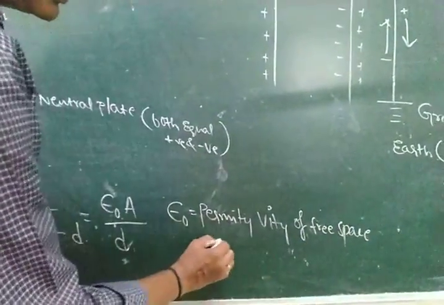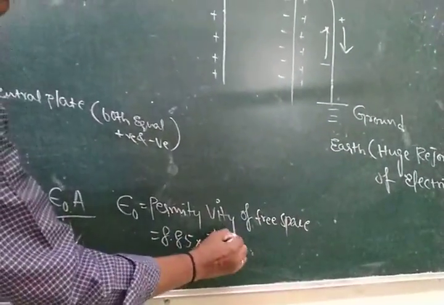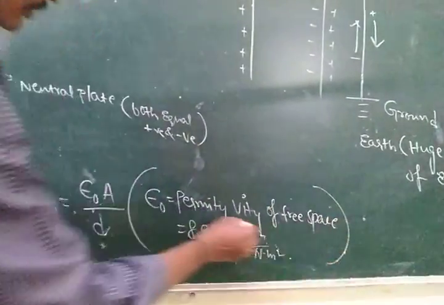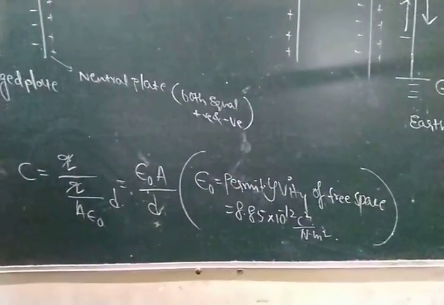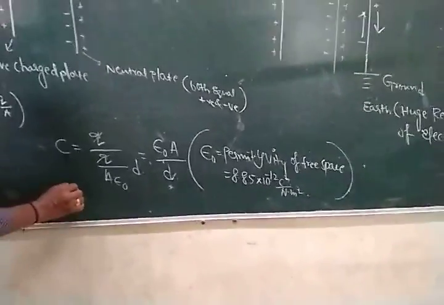Its value, you know, is 8.85 into 10 power of minus 12 coulomb square per Newton meter square. So this is the permittivity of free space.